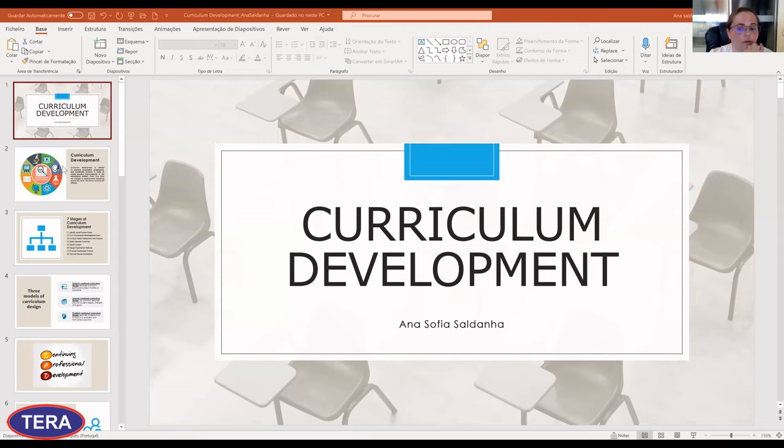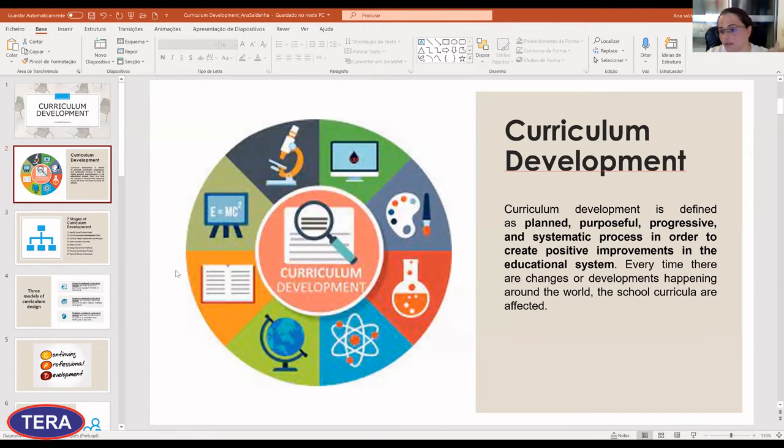Okay, so first things first, what is curriculum development? I found a very simple definition, which is that curriculum development is defined as a planned, purposeful, progressive, and systematic process in order to create positive improvements in the educational system in all kinds of areas.